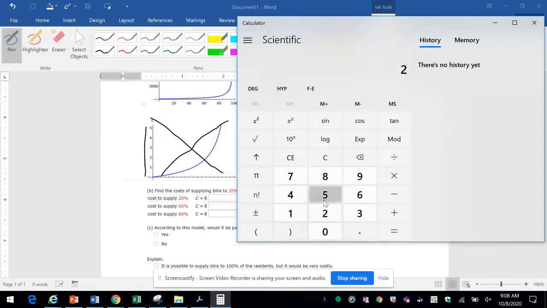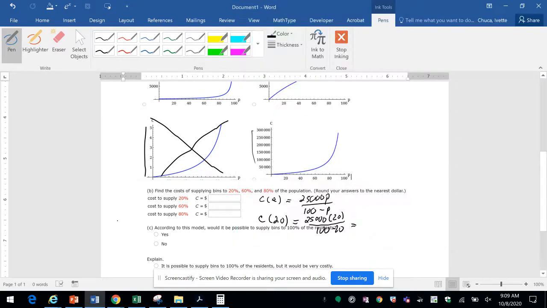So we have 25,000 times 20 divided by 100, notice I use parentheses, minus 20, equals 6,250. So let me write that down. 6,250. So in here, I would type in 6,250.